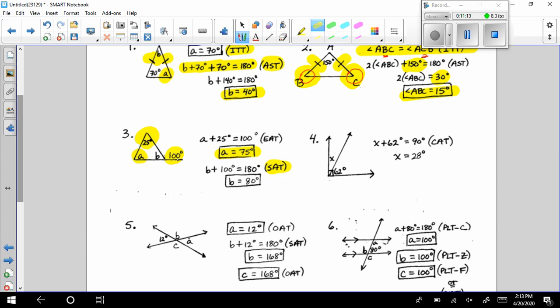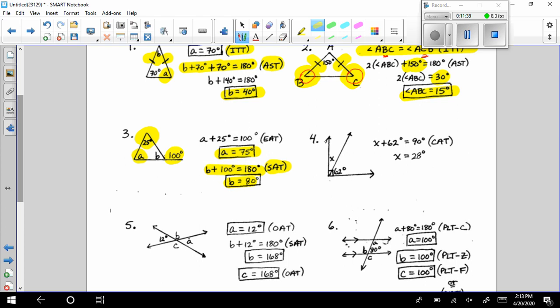Angle B and the 100-degree angle are along a straight line. So I know that these two add up to 180 degrees. So the math is a little bit shorter using that relationship. It's not wrong to use AST, but SAT was just a little bit shorter for a solution. Both would give us a value of 80 degrees for angle B.